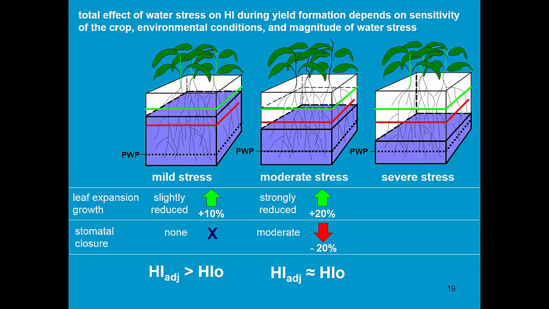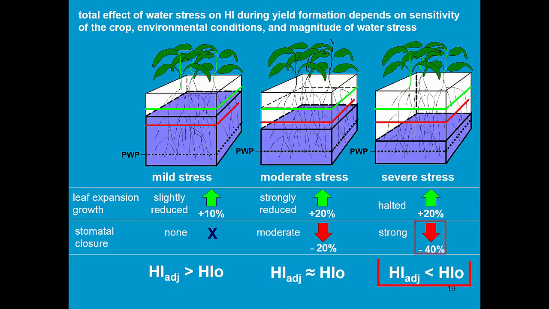When the water stress is very severe, when the water content in the root zone is far below the threshold for stomatal closure, we have a positive increase because the leaves cannot expand, but a very negative effect because stomata are nearly fully closed already. As such, nearly no assimilates are produced.